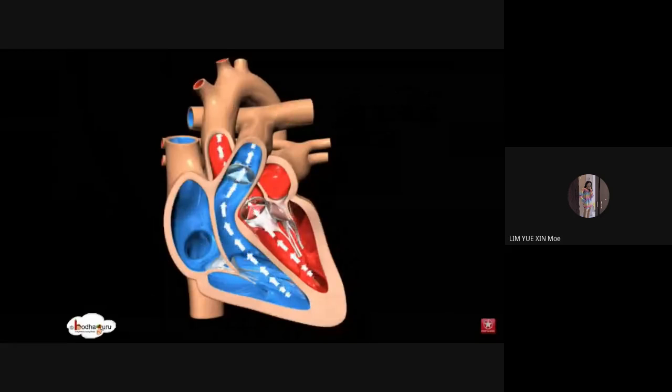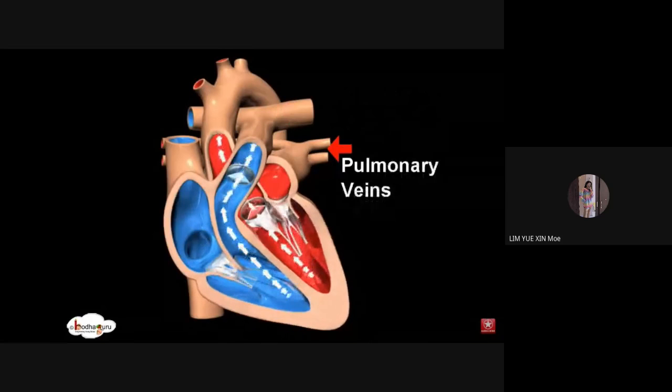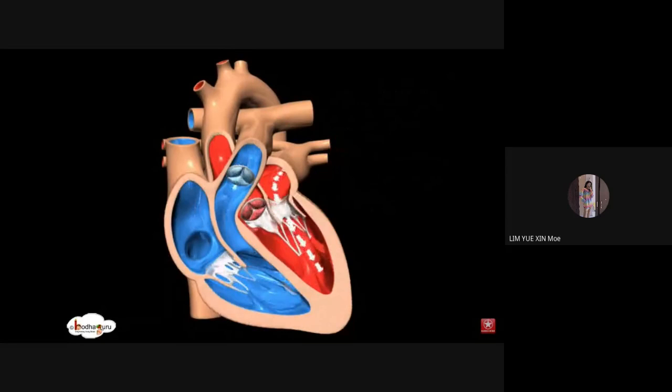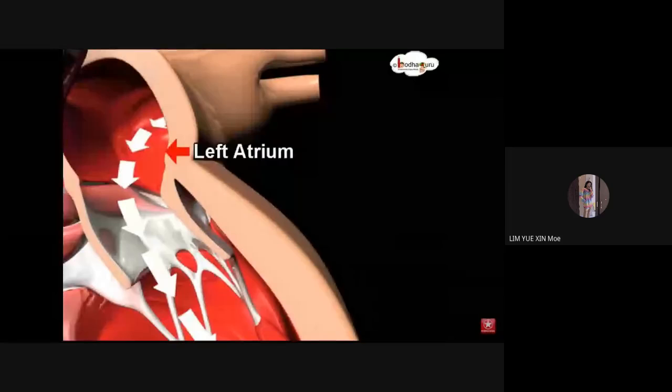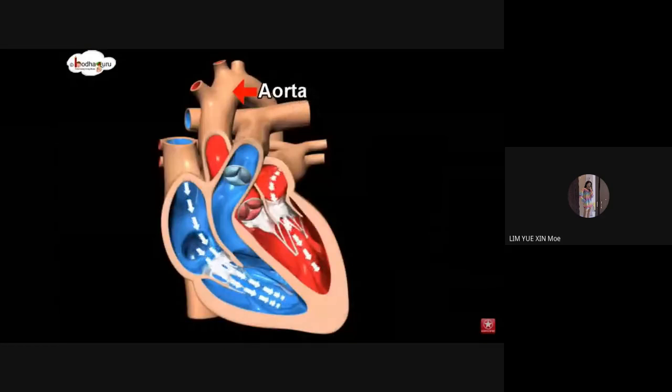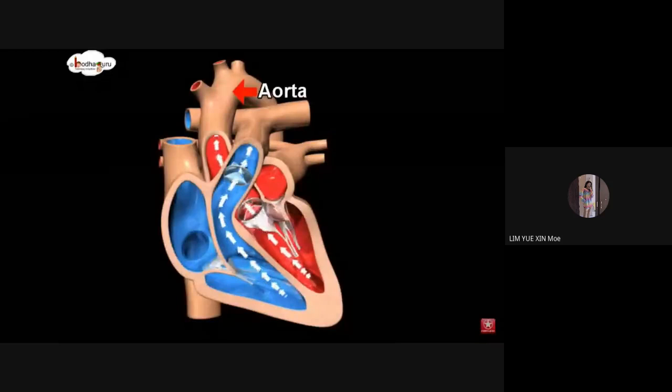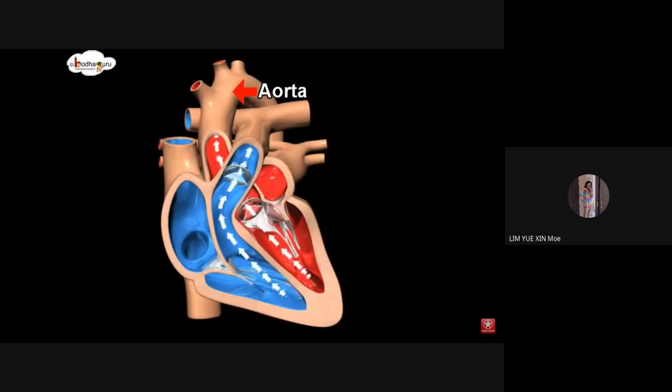After oxygenation, blood travels through the pulmonary vein and is received in the upper left chamber, that is left atrium, which pumps it into the left ventricle and into the aorta, which is the source of many arteries which carry oxygenated blood to different parts of the body.